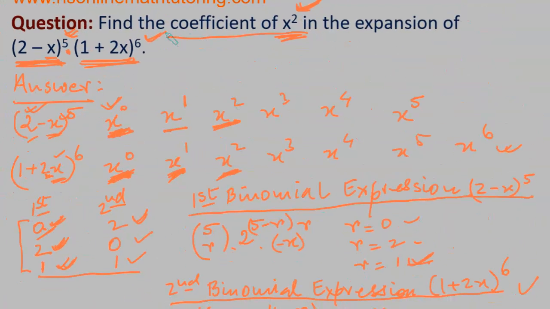And since the question is to give the coefficient, you see, they are asking for the coefficient, not the entire term. This you have to be careful about. If they ask you for the coefficient, you should not give the answer including x square. If they ask for the term only, then you include this x square part.